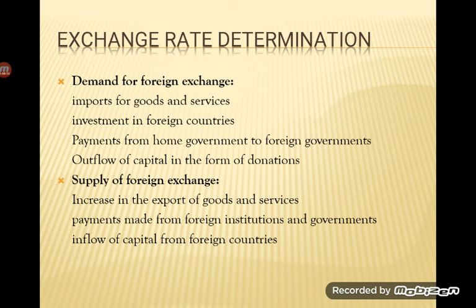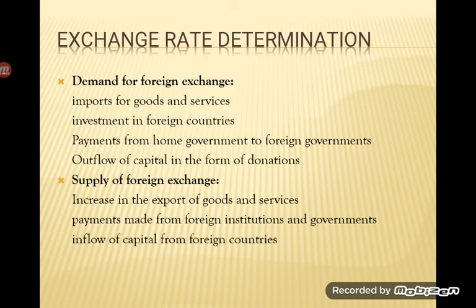That is another reason for the demand for foreign currency. Then outflow of capital in the form of donations, as I told you earlier. Suppose we are donating to any third world countries, or for any social cause, then it has to be in foreign currencies only at the international level. So these are the reasons why countries demand foreign exchange.